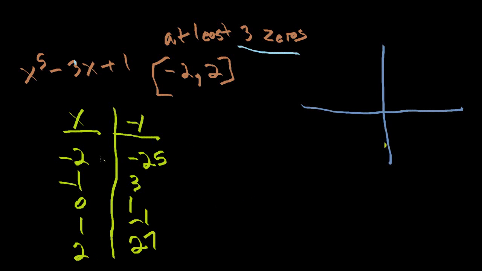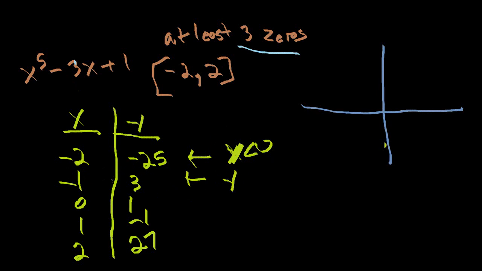Now, because we have the x value of -2, when we use -2, we're getting a y value that's less than 0. And if you try x = -1 in the function, we're going to get a value of y that's going to be greater than 0. So I guess I shouldn't put an x here, it should be a y. The y value is going to be less than 0 there.